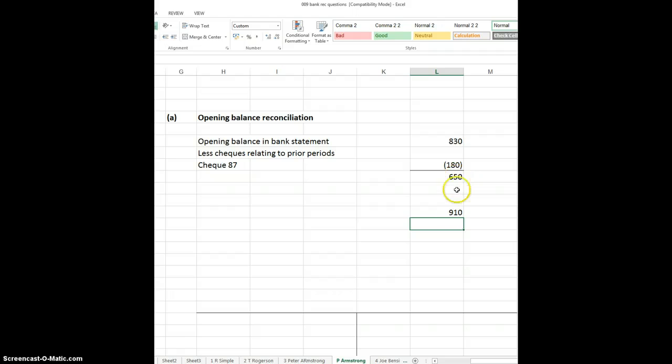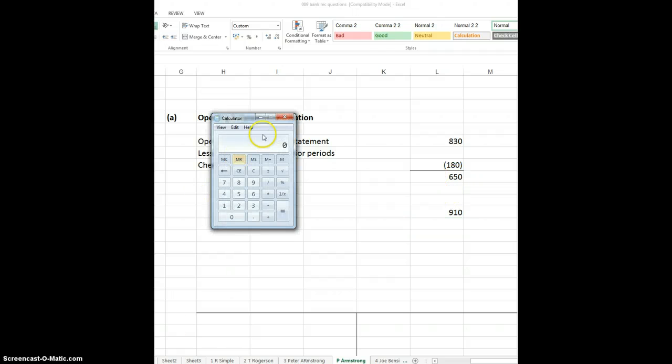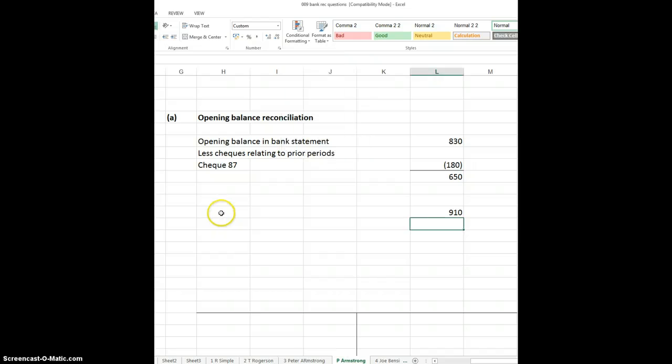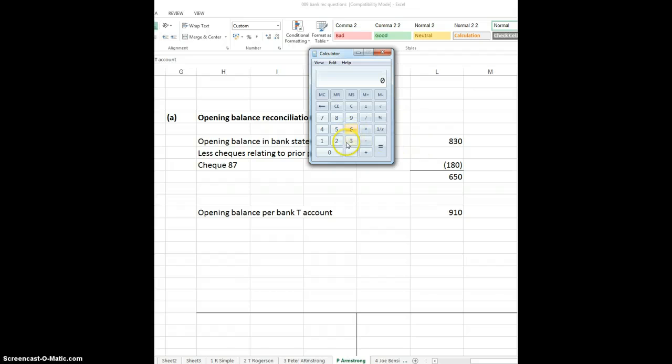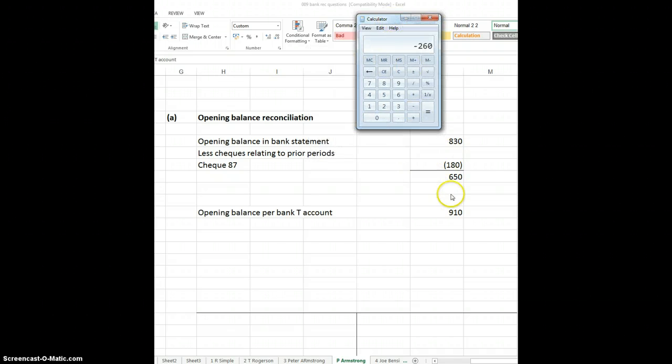So the opening balance for the bank T account is 910, and we now have changed the bank statement balance from 830 down as far as 650. So the difference now between 650 and 910 is 260. So there's a difference of 260 between the two balances.